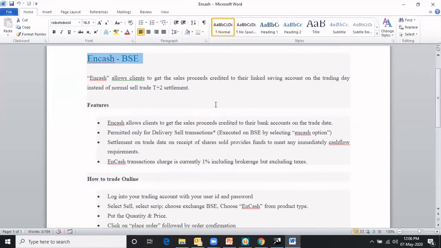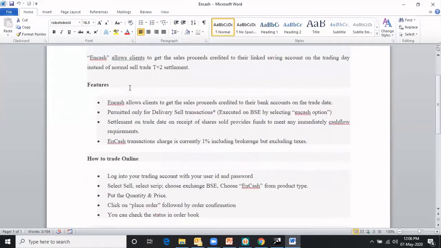So you can read the features in detail by pausing the video. Secondly, I want to tell you, Encash transaction charges are 1%, including brokerage, but excluding taxes. So this you have to understand before using Encash.